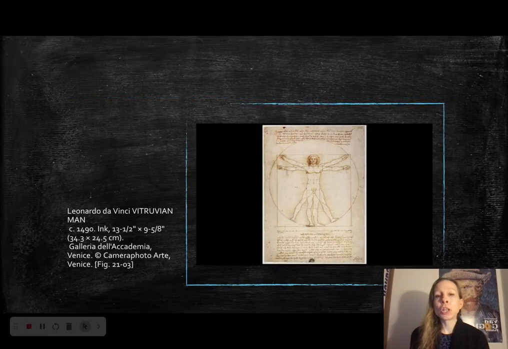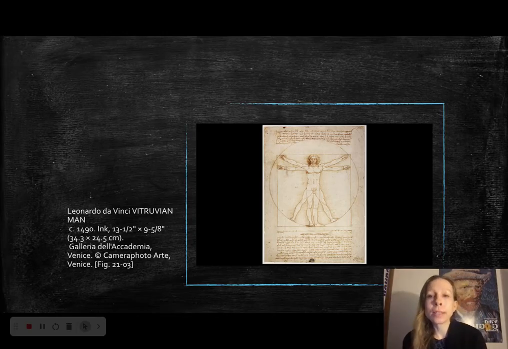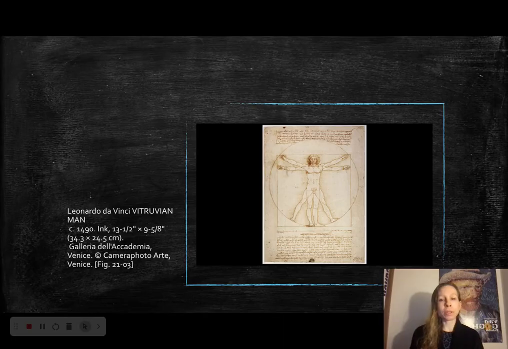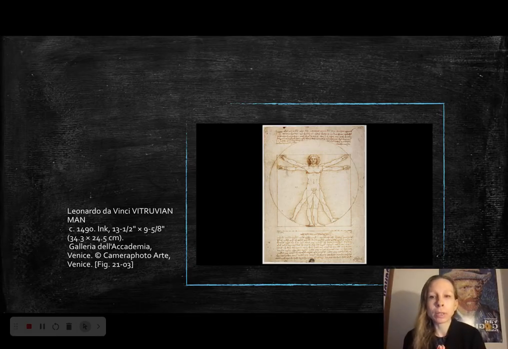All right, so this is a definitive visual cipher of high Renaissance humanism. It articulates the concept of the cosmographic microcosm, symbolizing this meshing of the spiritual and mathematical world.